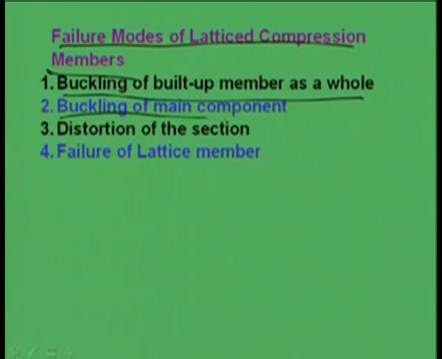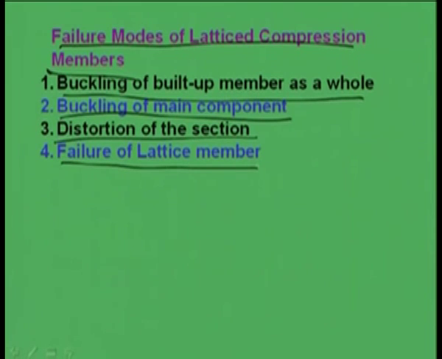The whole built up member can buckle along with the lacing members. Another is buckling of a main component, the built up member comprising different component members like I sections, channel sections, angle sections, which may buckle. Another is distortion of the section, and another failure is the failure of the lattice member. That means the lacing member itself may also fail.